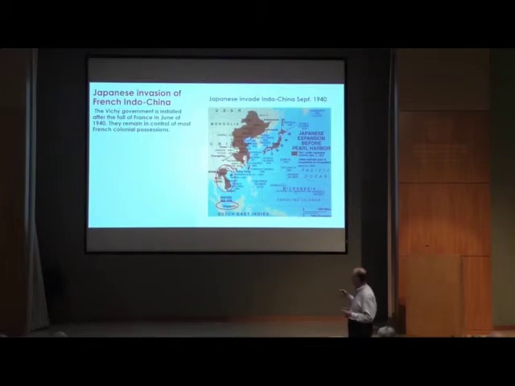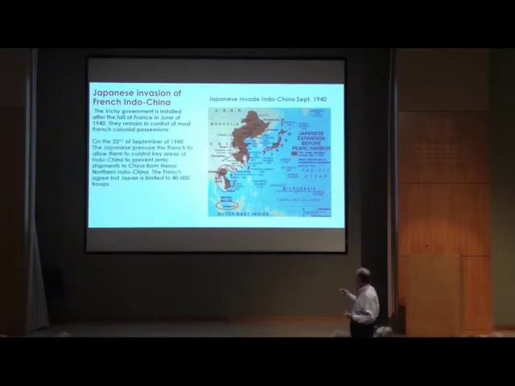So the Japanese, like I had mentioned, invade northern Indochina, and that's in June of 1940, right after the fall of France. They begin to go in there in September. So they put in 40,000 troops.